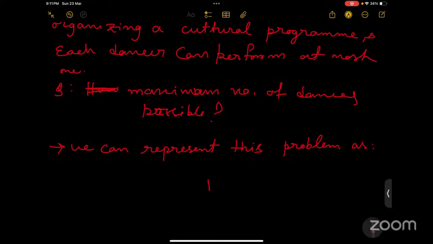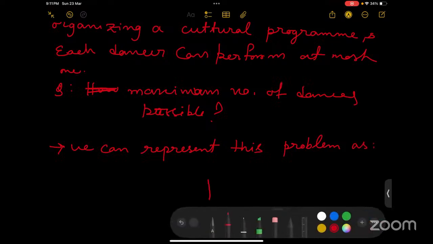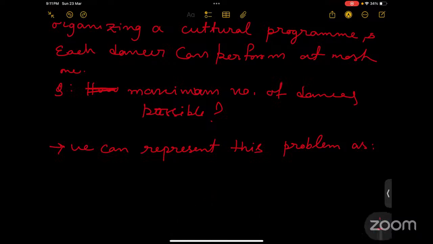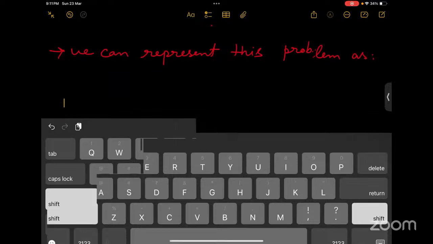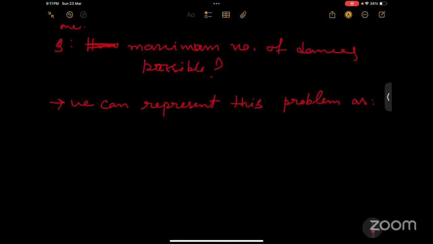So if I express the dances as our vertex, okay? What do we want to use? The independent set, that means a number of maximum vertices, and here what is our aim? We have to find the maximum number of dances, right?